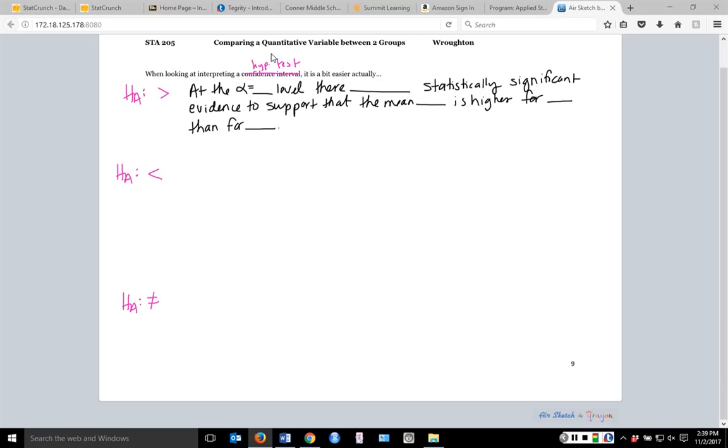So there's not a huge difference in interpretation there. Very similar if I have the less than, my part is going to start the same.